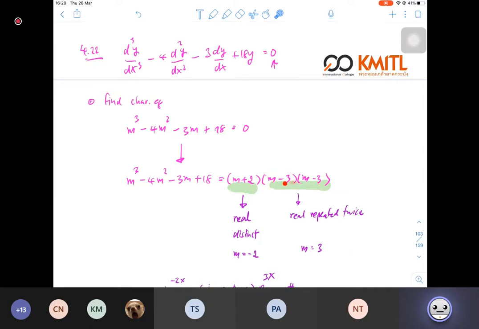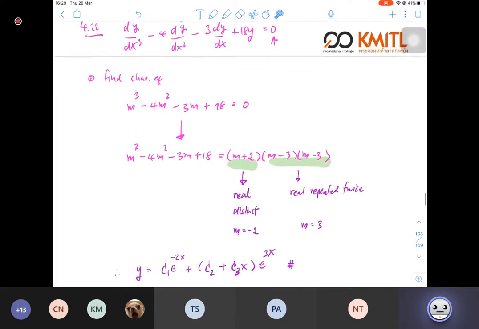And once you find the roots, you found that one of the roots is real and distinct, which is m plus 2. The other two are real but repeated twice, so m minus 3. So m plus 2 would mean m equal to minus 2, and the factor m minus 3 would mean m equal to 3, right?